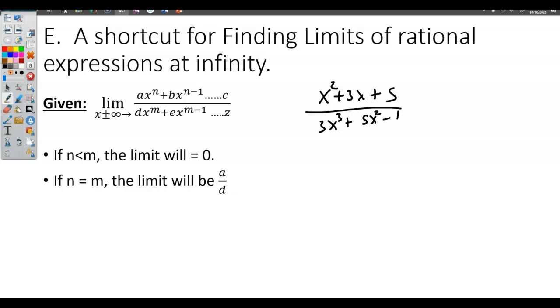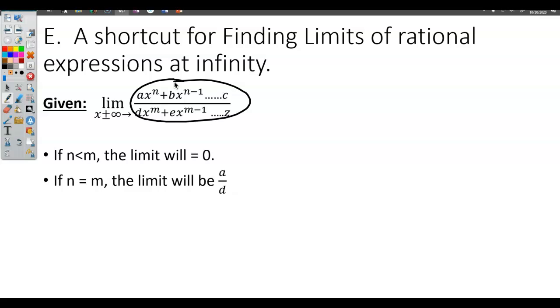Okay, so I'm about ready to give you guys a shortcut, which I think you'll really appreciate, but it's something you just got to commit to memory. So if you're taking the limit of a rational expression, meaning polynomial over polynomial, as x approaches positive or negative infinity, I wrote that a little bit incorrectly. It should be this. As x approaches positive or negative infinity, then we have a really neat little shortcut.